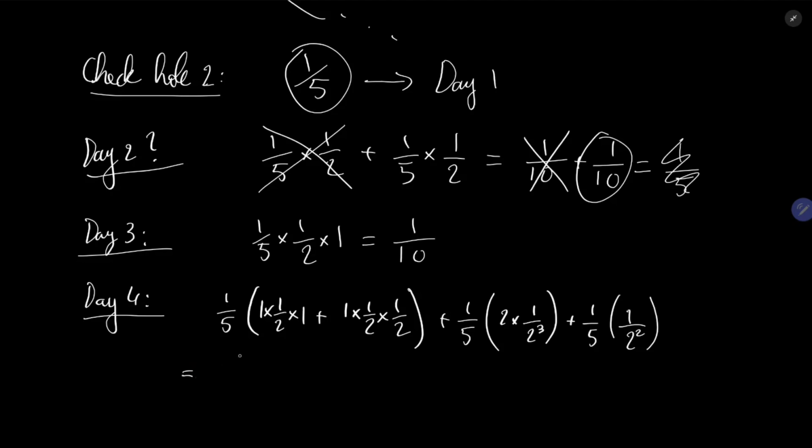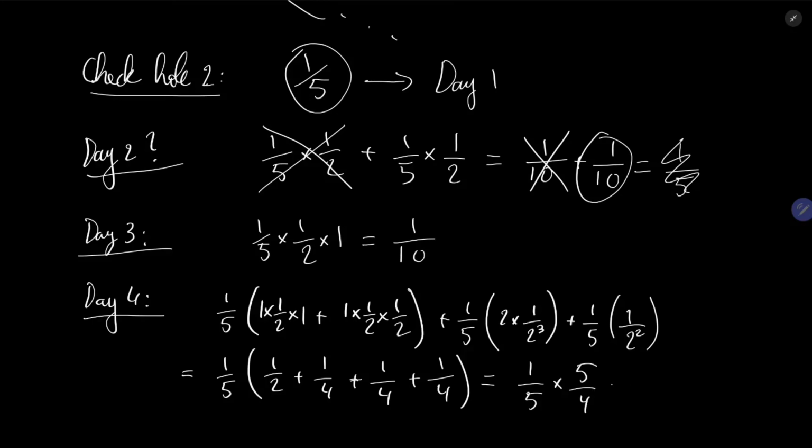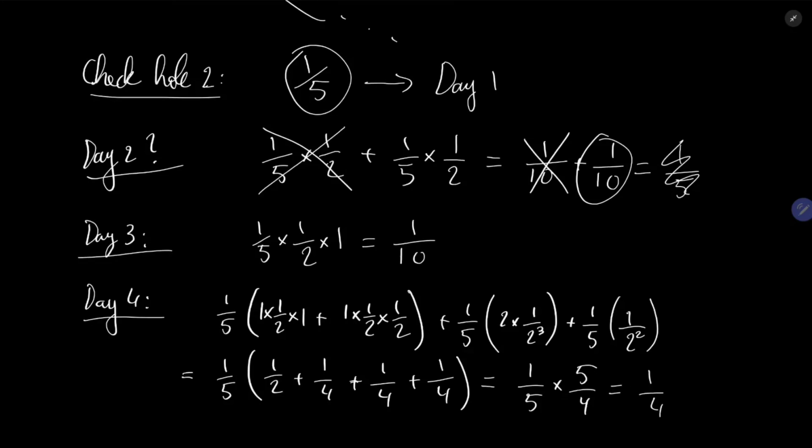This is equal to 1/5 in all cases, multiplied by 1/2 plus 1/4 plus 2 divided by 8, which is 1/4, plus 1/4. So 3/4 plus 2/4, 5/4, we have a total probability of 1 divided by 5 multiplied by 5 divided by 4, which is equal to 1 divided by 4.